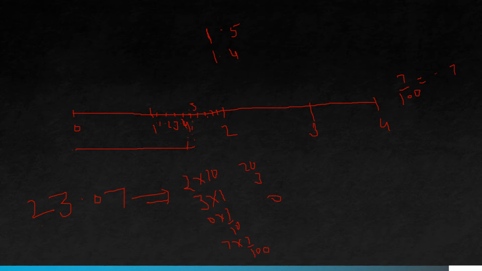After 2 decimal places we write the point, so here we can write 0.07, because all these other numbers are whole numbers and we don't have any point. So we add the point, and it will come as 23.07. This is how you can find the place value of any decimal.